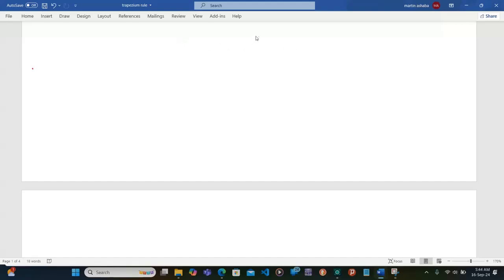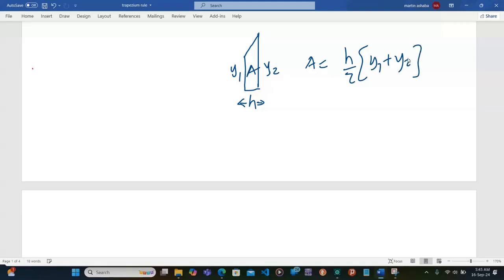If I divide the whole area into strips, each approximating a trapezium, then we have your h here. Remember, in the usual trapezium we have, let me say, y1 and y2. The area of this trapezium is going to be h out of 2 into y1 plus y2. This is what we are going to use to approximate the area under a curve using the trapezium rule formula.